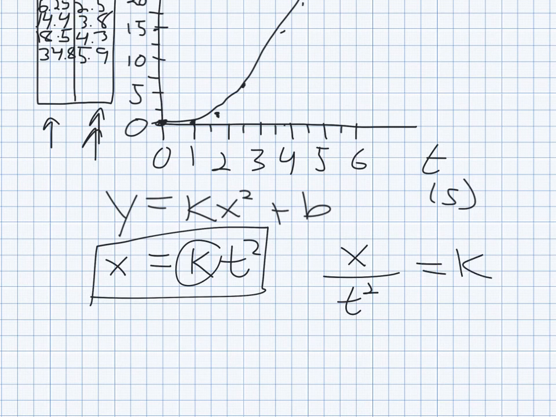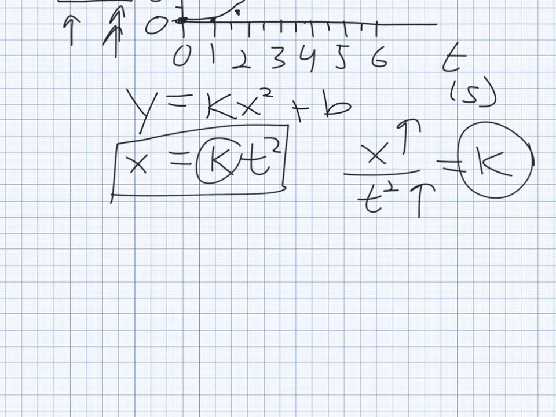So as x increases, t squared increases, and they both do so at a constant rate. So if I want a straight line out of this, and x over t squared to be constant, I have to actually graph that. I have to graph x, and I have to graph t squared. So I need to rewrite this.